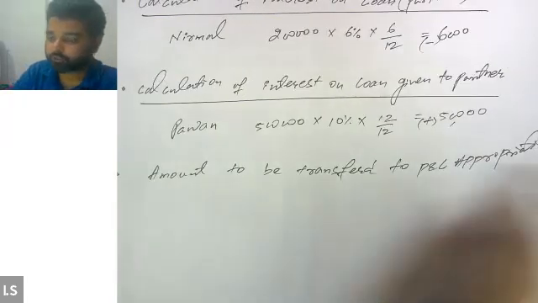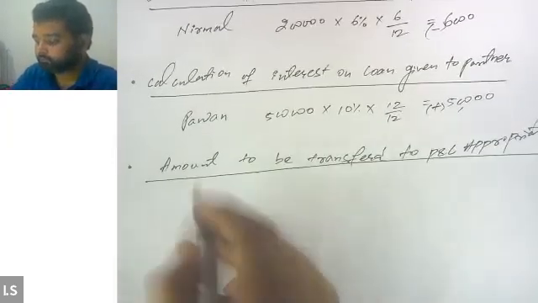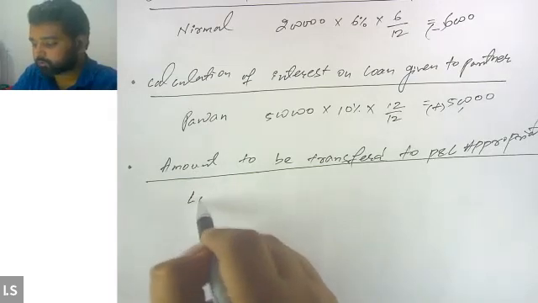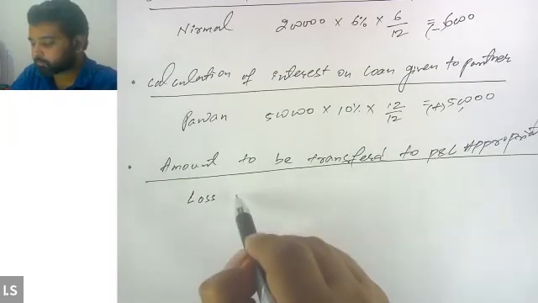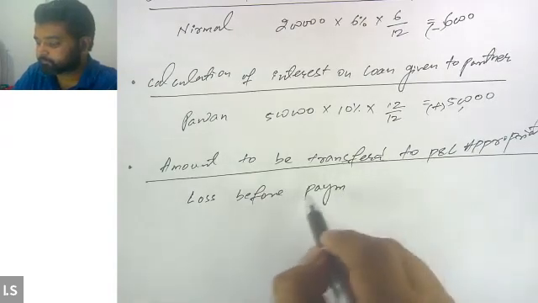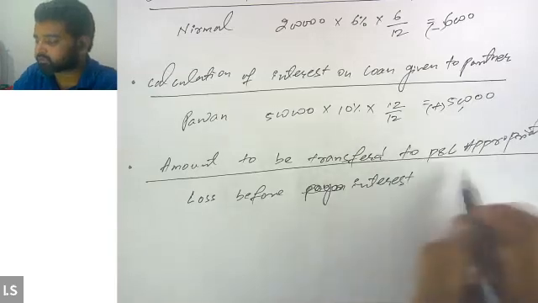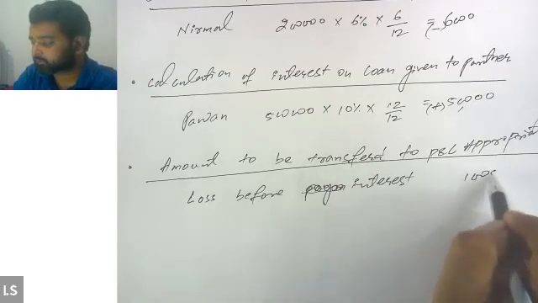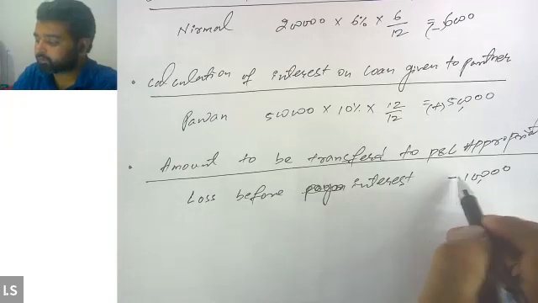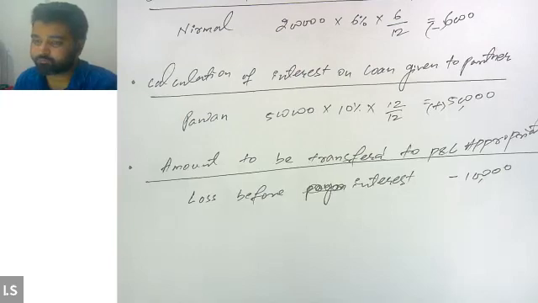So first of all, there is already a loss before payment of interest, or loss before interest. Loss before interest is 10,000, right? That means it is already in negative. Minus 10,000 is the profit of the business. That is, the loss is 10,000.